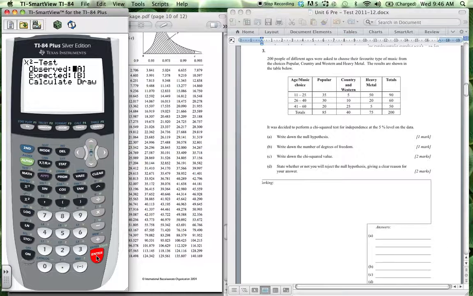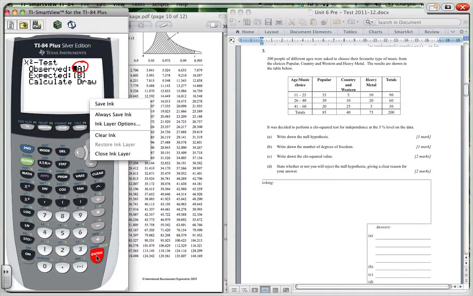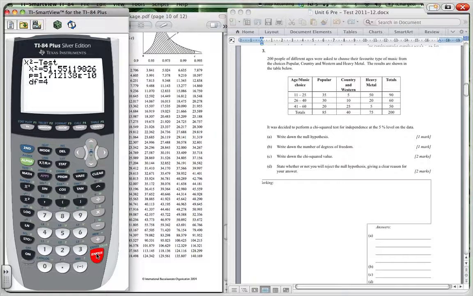The expected values are what we would expect from the totals. We're not going to look at that, but we've got it in matrix A there. Then we go down to calculate, and I say enter. And it gives me my chi-squared value. So this is the value for your chi-squared test. It's going to be 51.6.